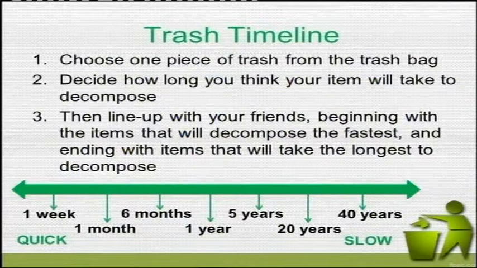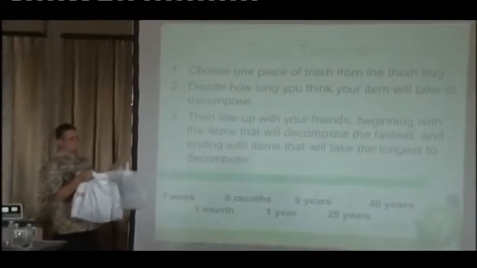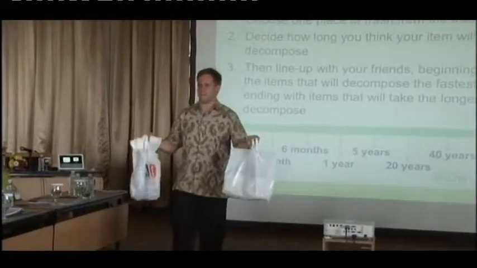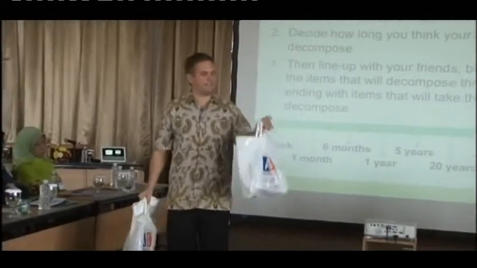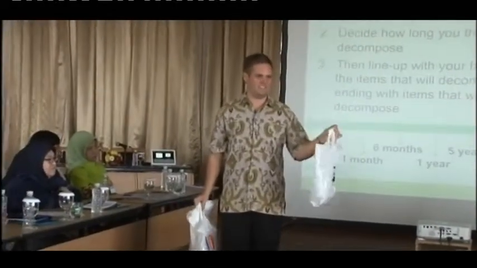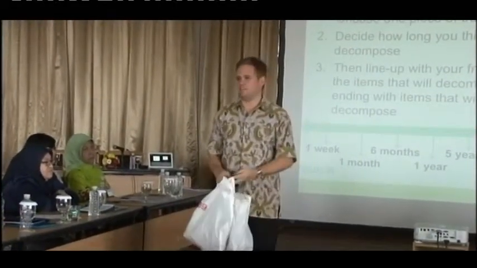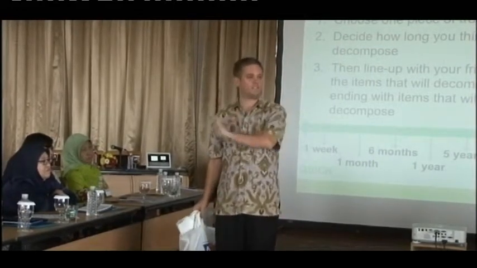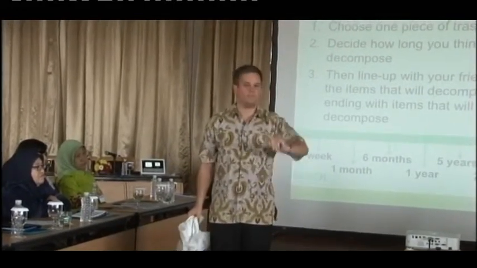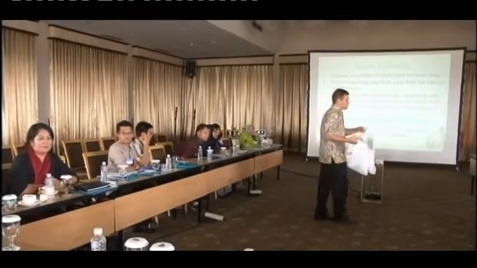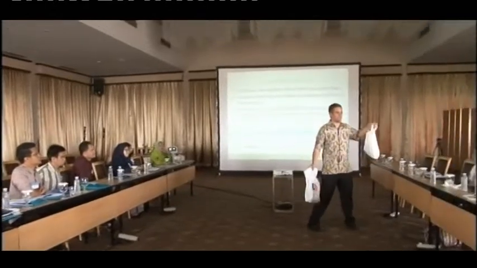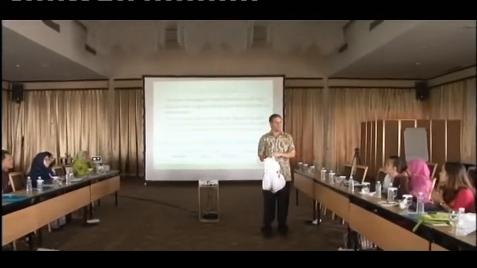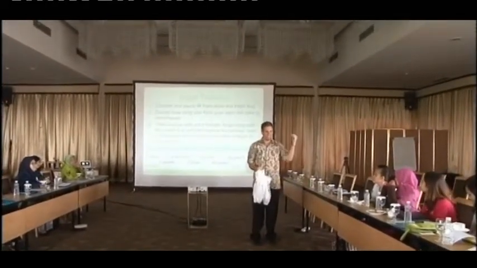So now we're going to have an activity called Trash Timeline. I have 3 bags of trash. In each bag there are 10 items of trash. So the idea is 3 groups of 10, 1 item for 1 person. What I want you to do is choose an item from the bag.